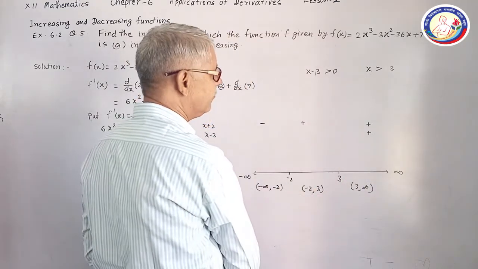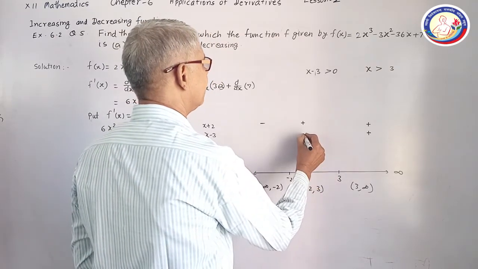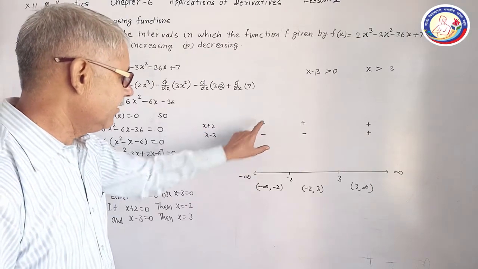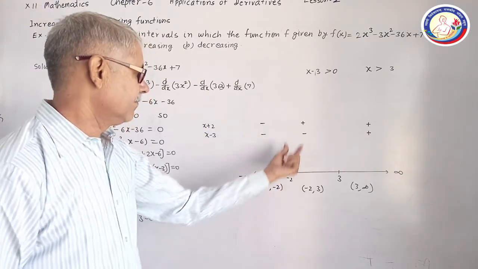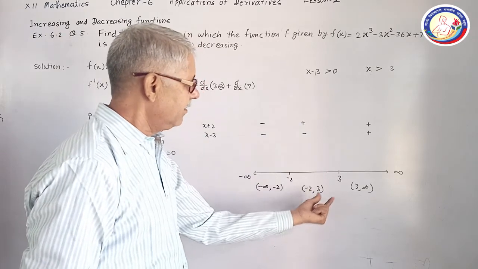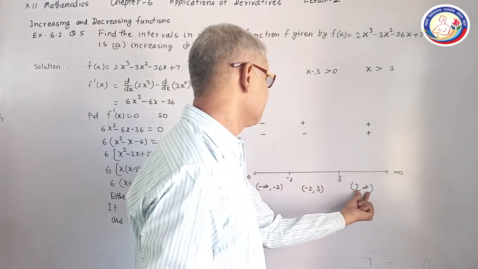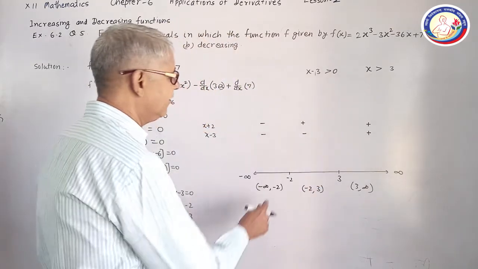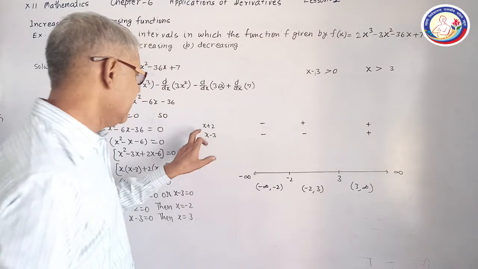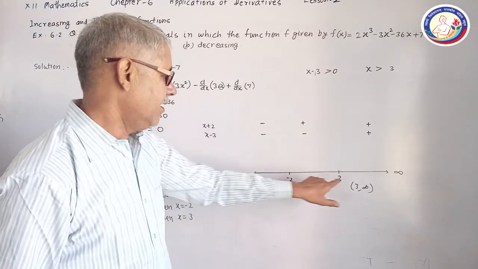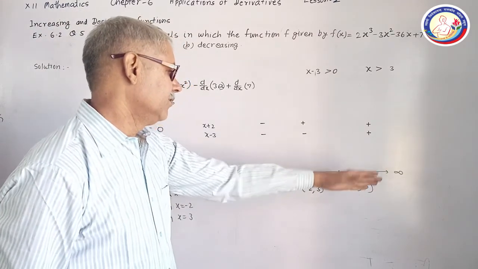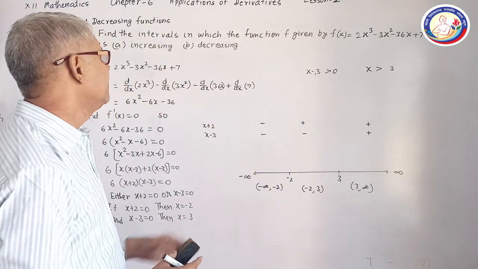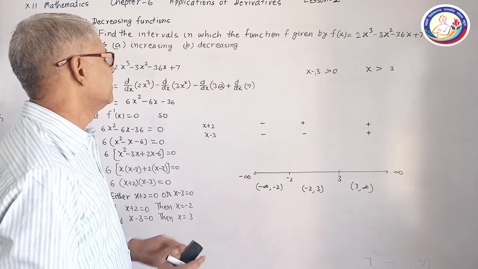And for values less than 3 it will be negative. So x plus 2 will be negative in this interval, positive in this interval, and also positive in this interval. And x minus 3 is negative, negative and positive respectively in these 3 intervals. And x plus 2 will be 0 here, and x minus 3 will be 0 here. So this is all about the nature of these sub-functions.